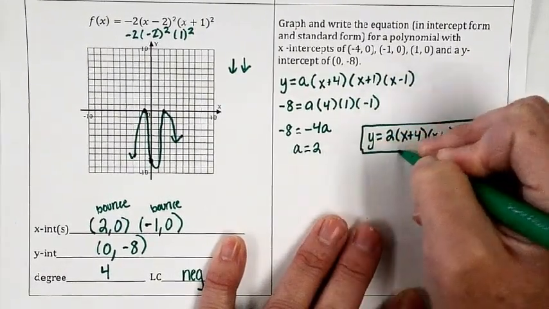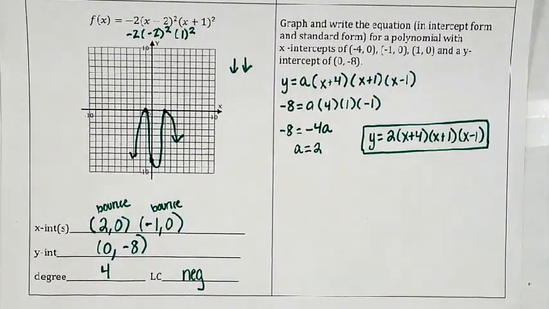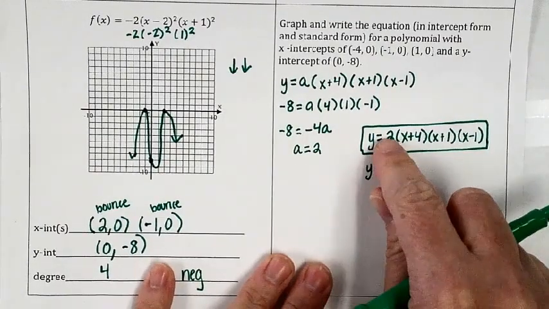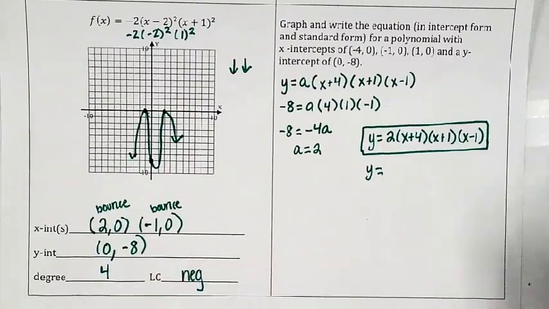So that's my intercept form, your factor form. Now we need to write it in standard form. To do that, we just need to multiply everything together. How I usually do it is I leave the coefficient till the end. There are several different ways you could start this.